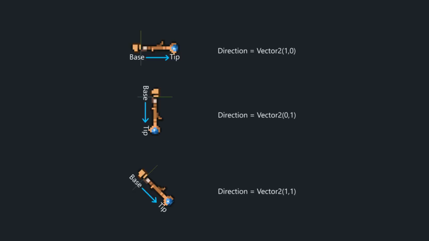The fireball damage is the same as our staff damage, our weapon class damage, and the direction will be based on the base node and the tip node of our weapon.